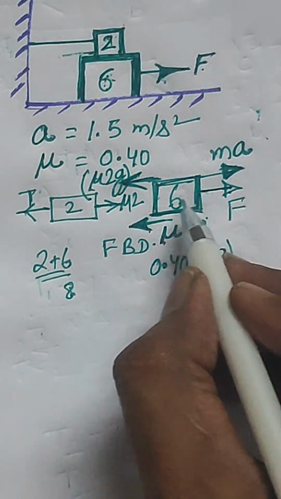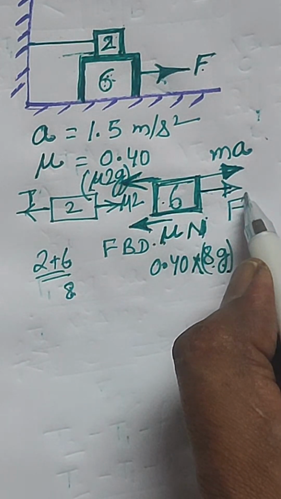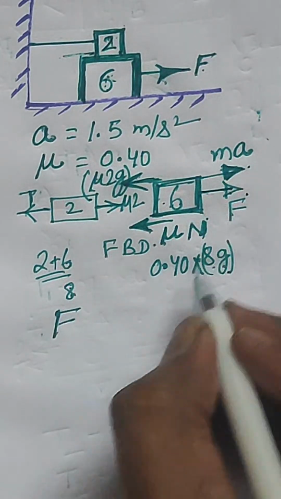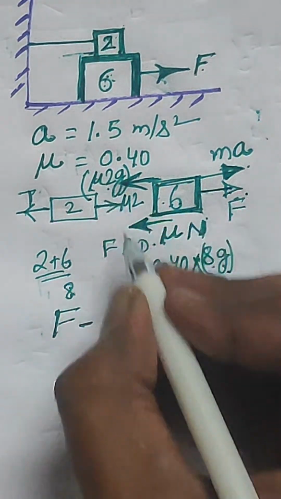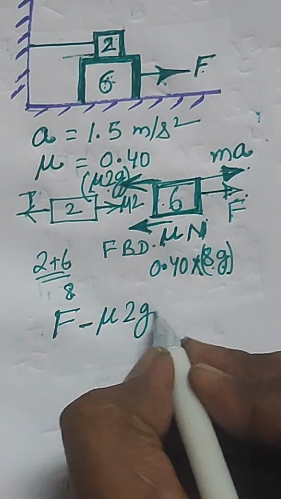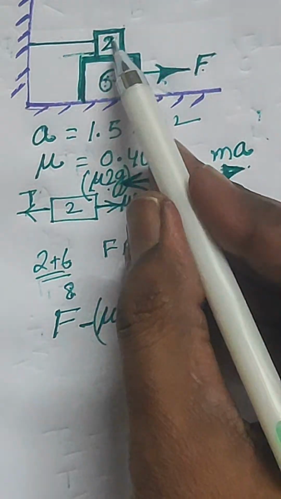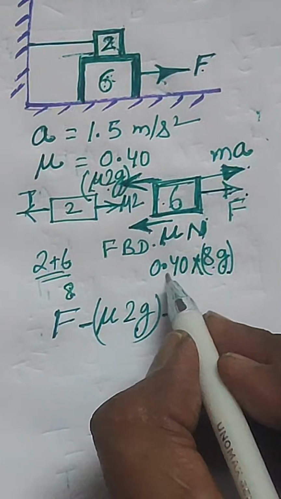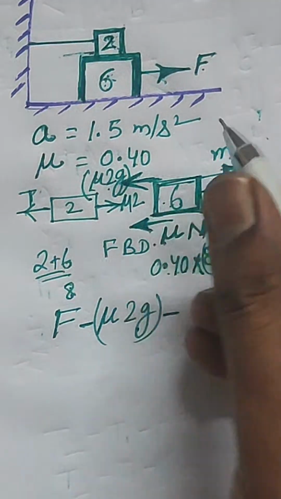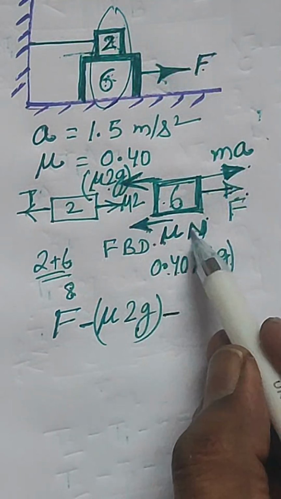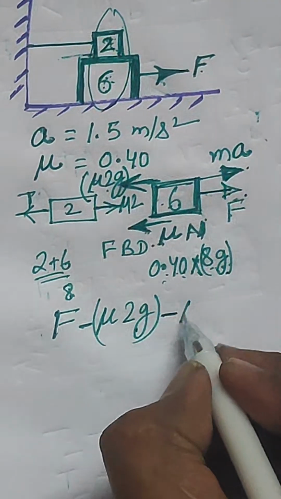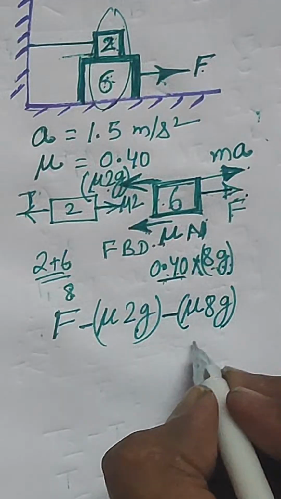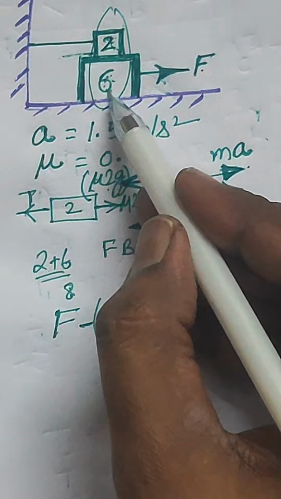So the 6 kg block is moving right side, so we can say that F minus mu into 2g, this frictional force by the small 2 kg mass on the top, minus mu into 8g, that is due to the total combination, where mu is 0.4, this will give you ma, m is 6.